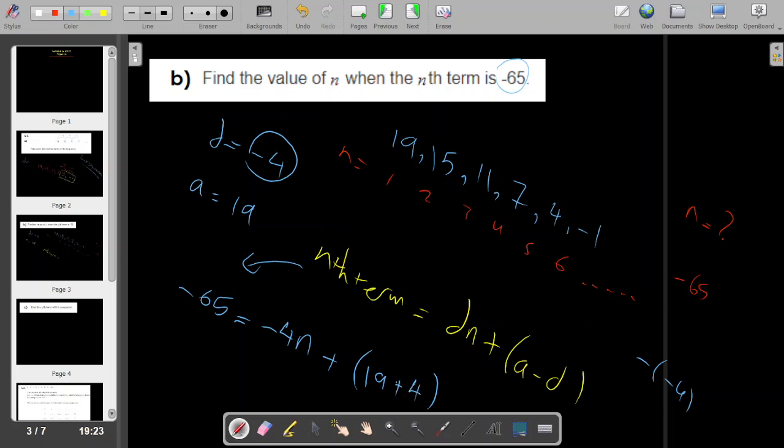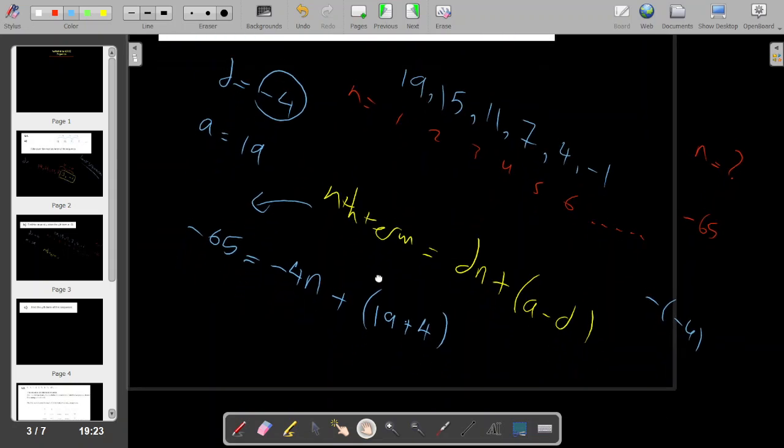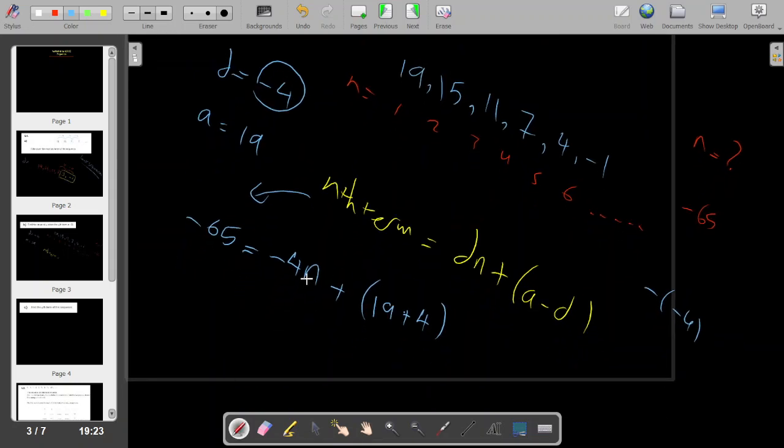Clear? After that you try to discover what is the value of n, because this is what you need to do, if you remember. So now minus 65 is going to be equal to minus 4n plus 23.